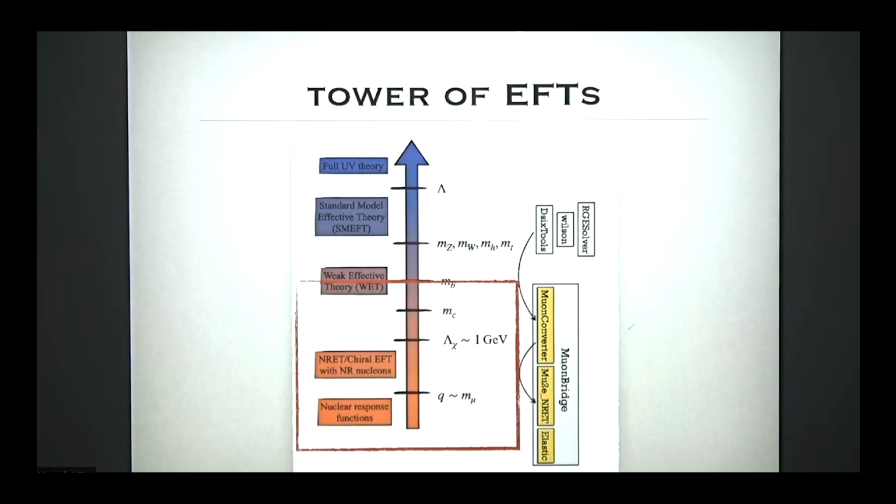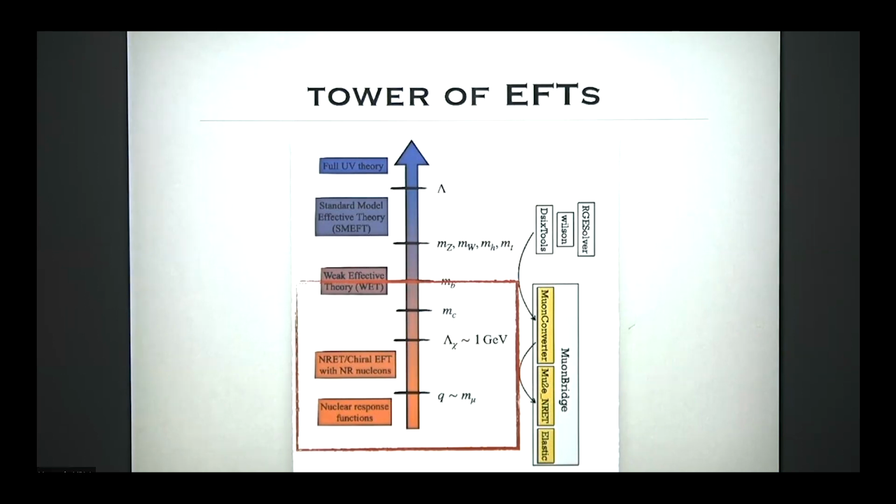So what do you do here? We'll have a weak effective theory that lives at 2 GeV, with gluons and up, down, strange quarks. Then you do a non-perturbative matching onto the non-relativistic theory with nucleons. You put them inside the nuclei, and this gives you response functions. On the left are the codes that handle different parts of the calculation.